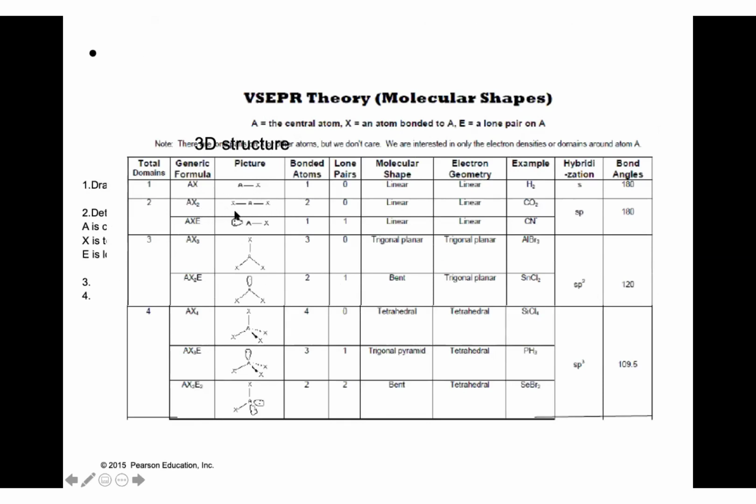This is the 3D picture. Do I need to show any dash or wedge here? No, because I can just write it as a straight line on the paper. There are two bonds around the carbon. There is no lone pair. It's a linear electron and molecular geometry. For CO2, you do not need to worry about hybridization, and the bond angle is 180.